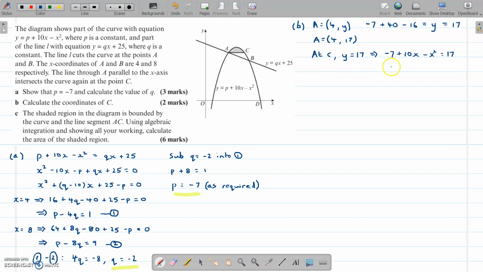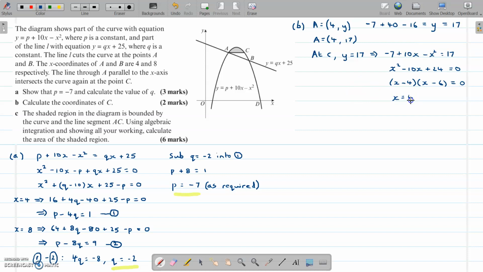So it gives me that x squared minus 10x plus 24 equals 0, which gives me (x minus 4) times (x minus 6) equals 0, which means that x equals 4 or x equals 6.